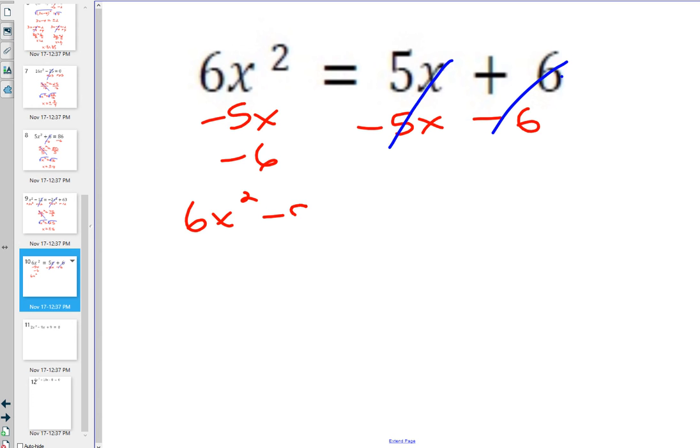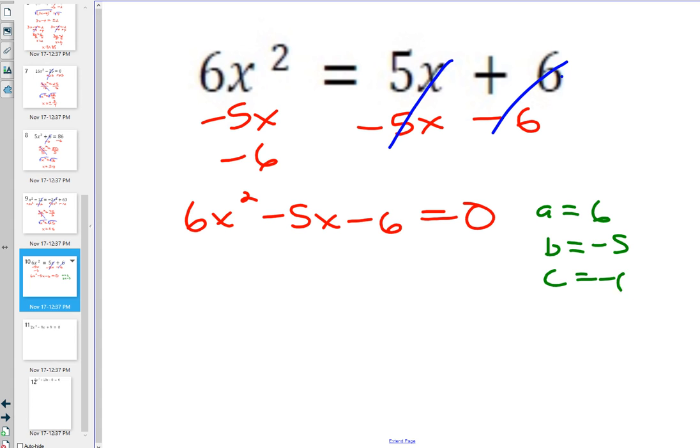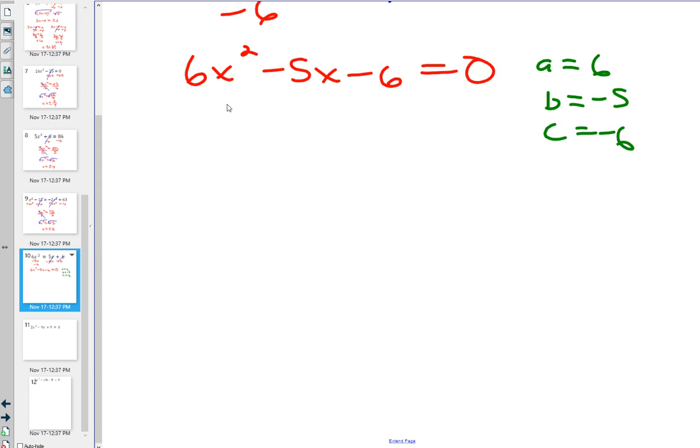6x squared minus 5x. For quadratic formula, you got to move everything to one side. Lana, what's A? And what's B? Yeah? Negative 5. And what's C? Sarah, are you writing this down?